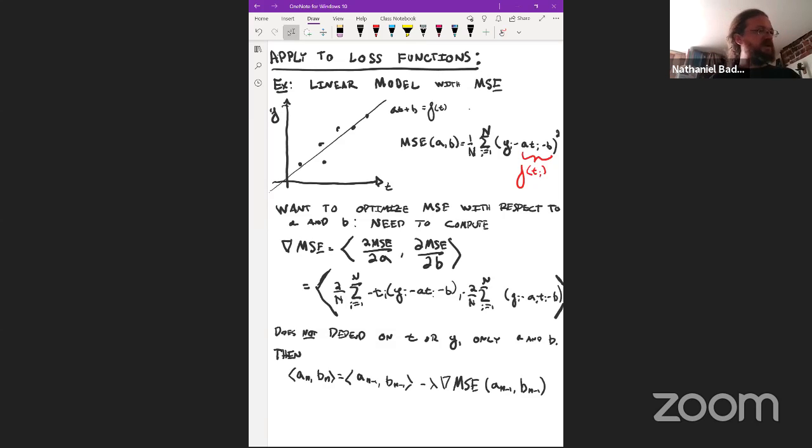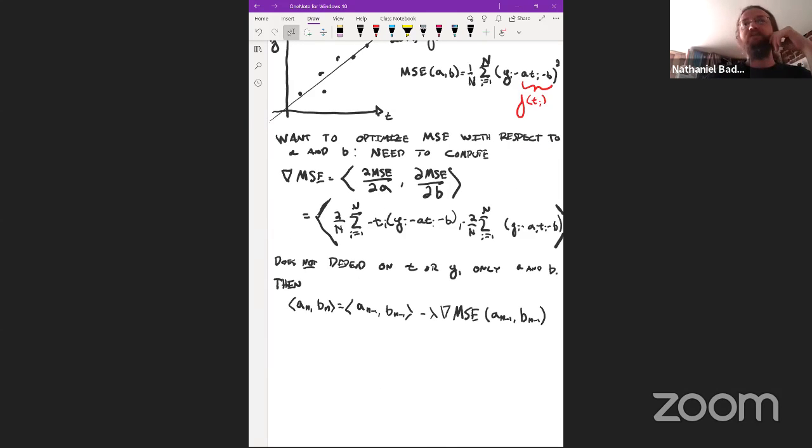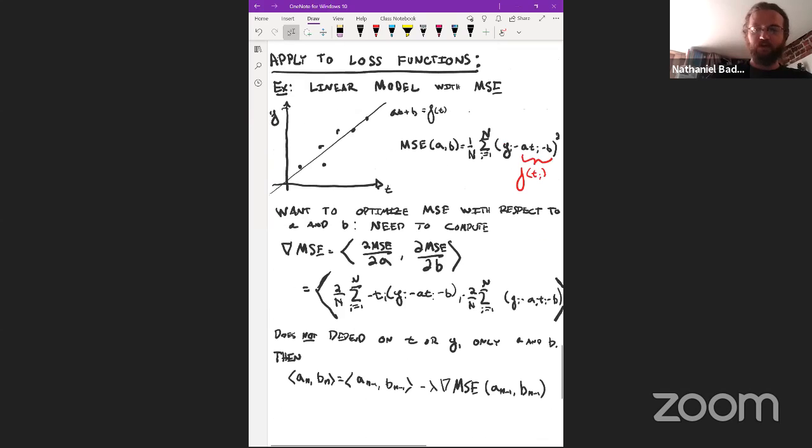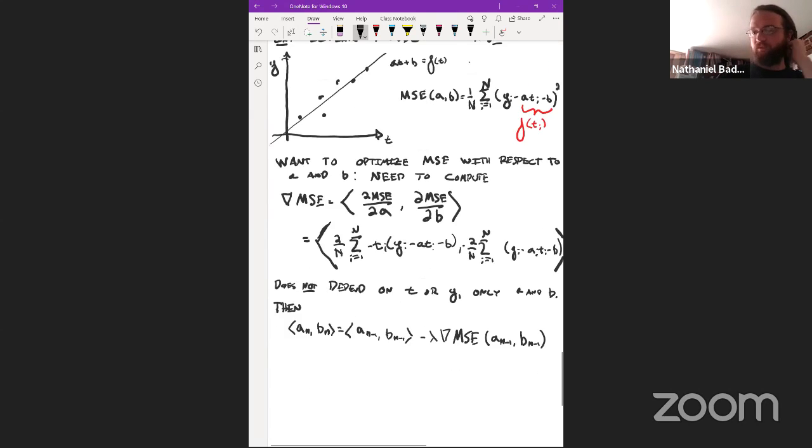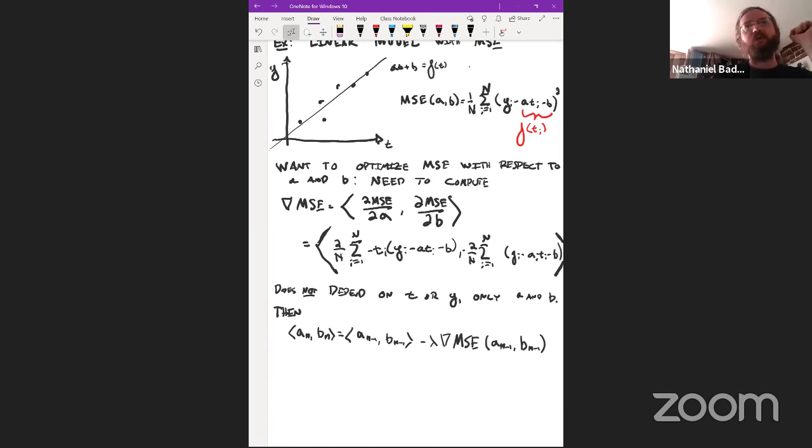Now, there are problems with gradient descent. It may walk towards a local minimum instead of a global minimum. But what can you do? It at least finds you something. And this is the general schema. If you have a model that's based on n parameters, you just plug it in, compute this gradient by hand, and then you just update over and over and over again. This is what everything is doing. This is what neural networks are doing, just on a much more sophisticated level.